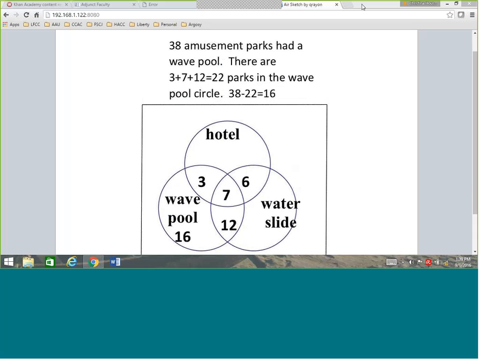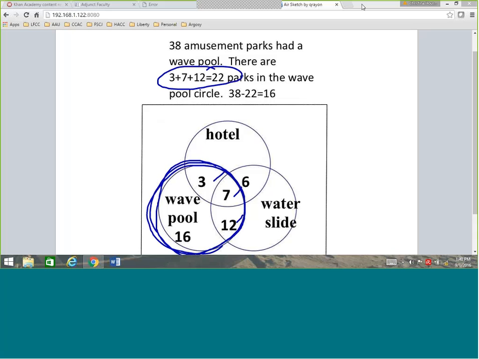Okay, so continuing up the list of my given information, I see there are 38 amusement parks that have a wave pool. That means in my wave pool circle, the whole circle, I should have a total of 38. I already have 7 and 12 and 3. So I add them up and I see that's 22.